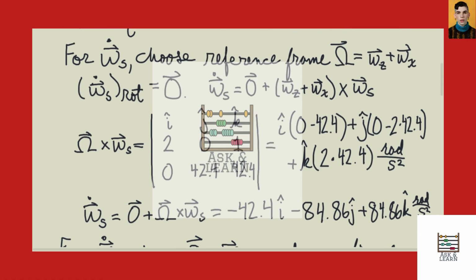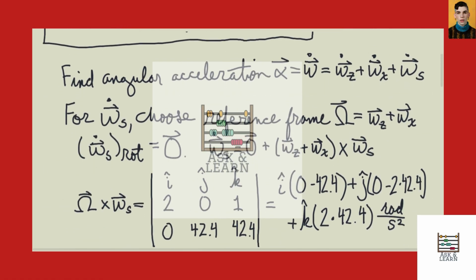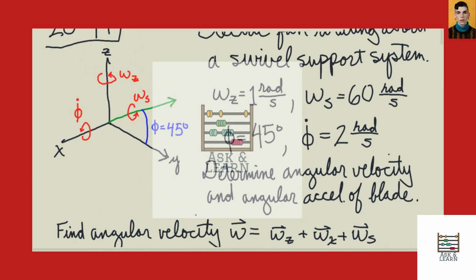For the first contributor to the total angular acceleration, we have the time rate change of the angular velocity about the spin axis.